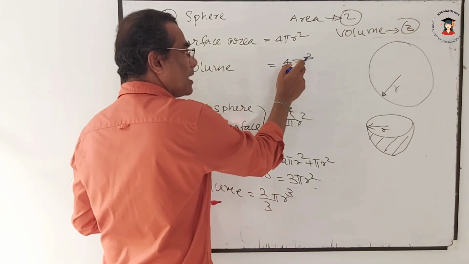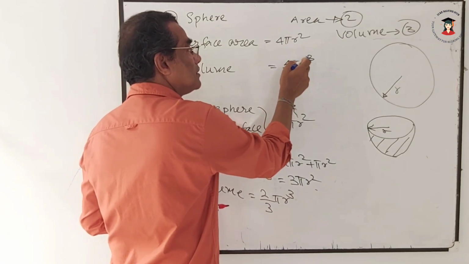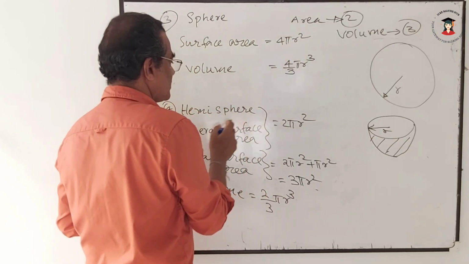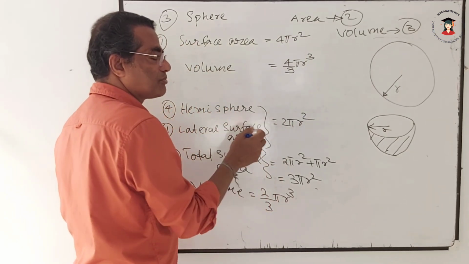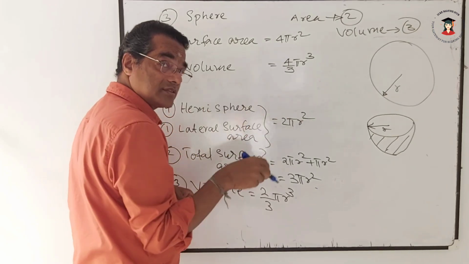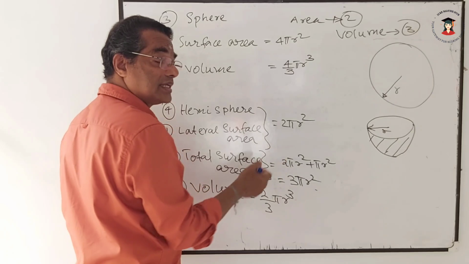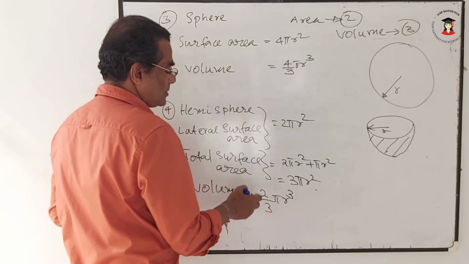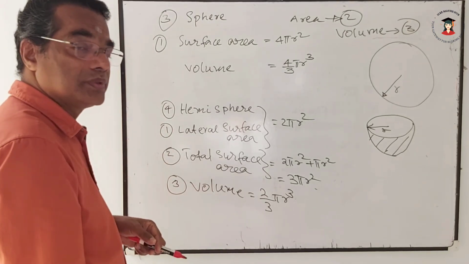So it will be r cube here, and here r square. Here again, hemisphere, 2 pi r square. Whenever area is mentioned, there will be 2 lengths, so it is r square, and total surface area again ends up with 3 pi r square. Volume is 2 by 3 pi r cube.